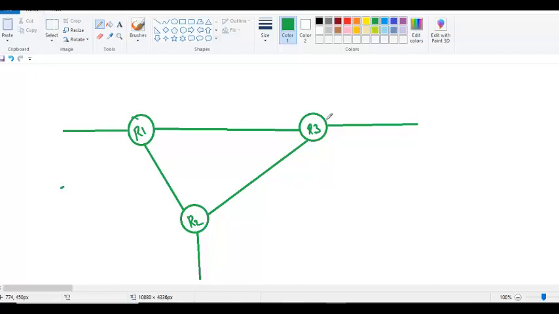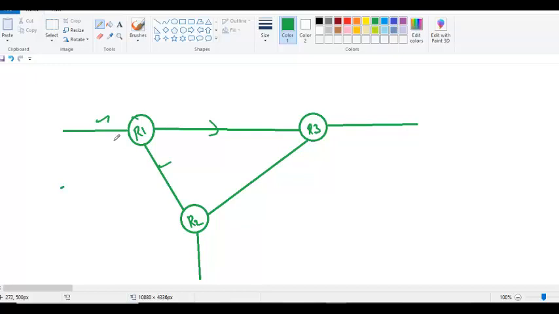So now router 1 will advertise like this. Hey, I got 2 more links. The status of the link is up. The network on that link is this. Subnet mask is this. Bandwidth is this. Because the bandwidth is this, the cost is this.